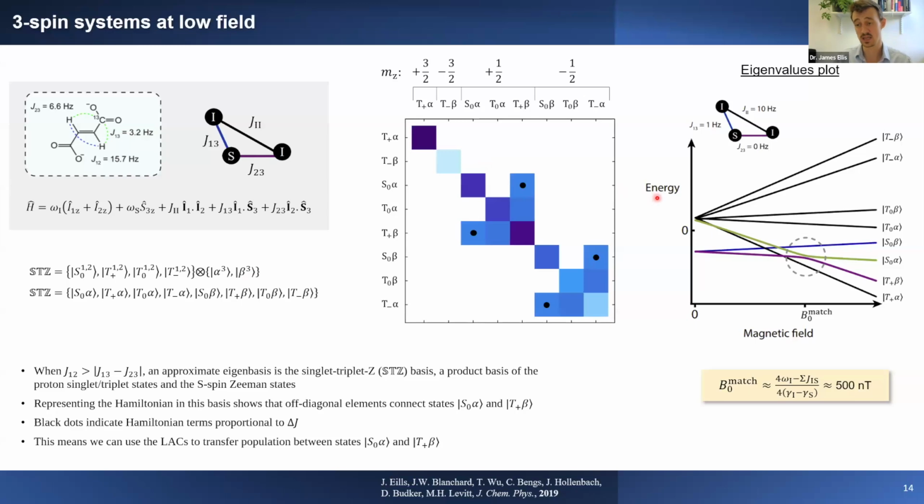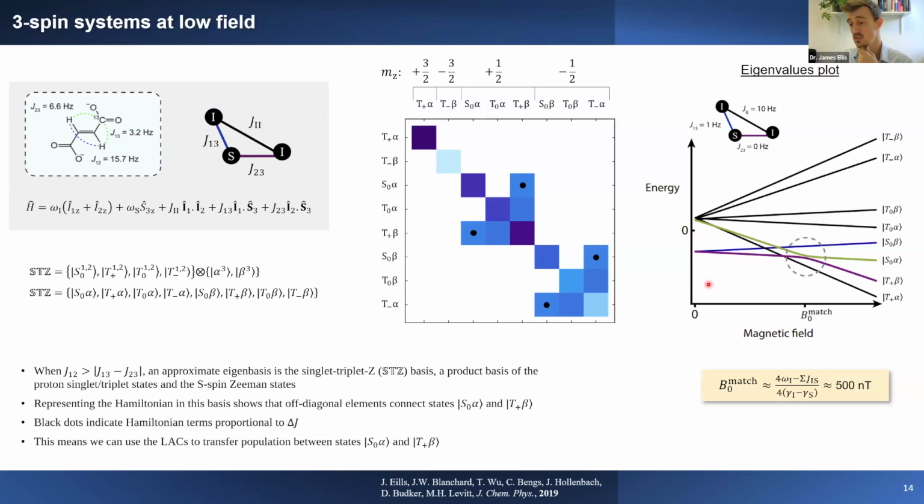Okay, and in this case, if we come over to this eigenvalues plot, what we're plotting here is the energies of those 8 states for different magnetic fields. And we see that at 0 magnetic field, the two states that correspond to proton singlet order are the lowest in energy, and the other states are higher in energy.